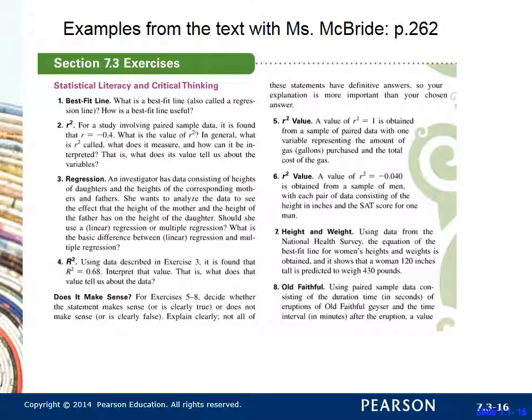Well, this breaks my rule that says you're outside the bounds of your data. 5 feet is 60 inches, so 6 feet is 72 inches. So if somebody's 120 inches divided by 12, that's 10 feet tall. I don't think so. So we cannot use this as a prediction simply because it's beyond the bounds of where the data will fall.